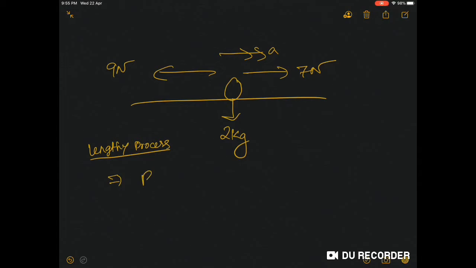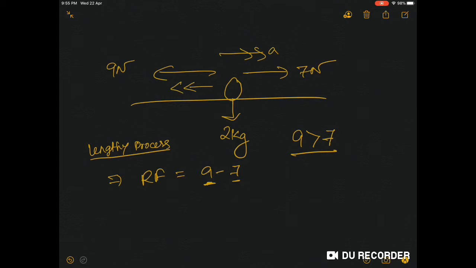So as usual, I have to find RF, which is nothing but 9 minus 7. See, this is the driving force. Okay, you have to understand this. This is the driving force, this is not the driving force. Why is 9 Newton the driving force here? Because 9 is greater than 7, so obviously this particle will move in this direction.